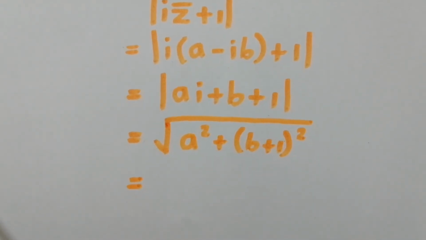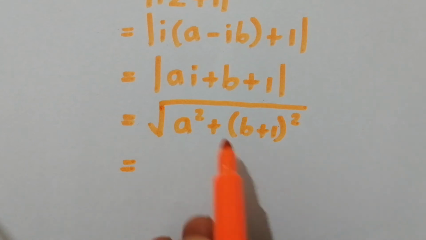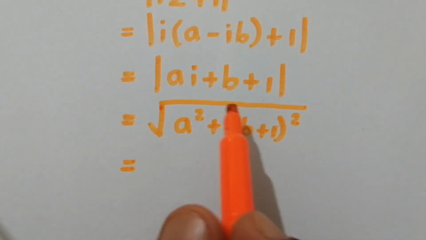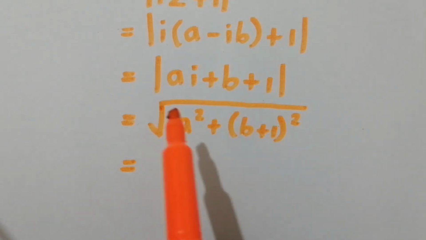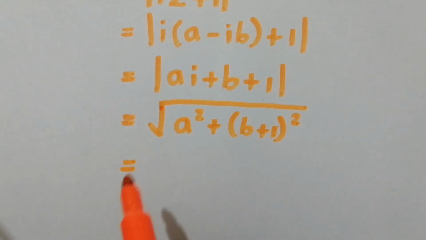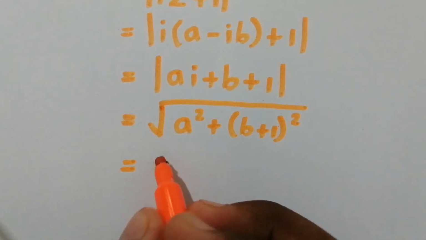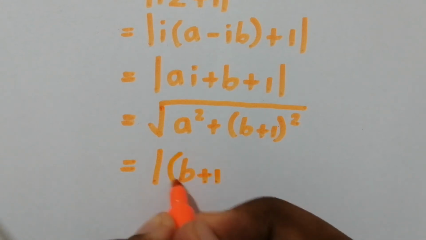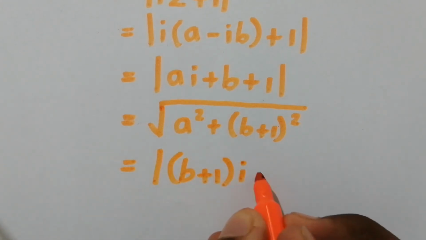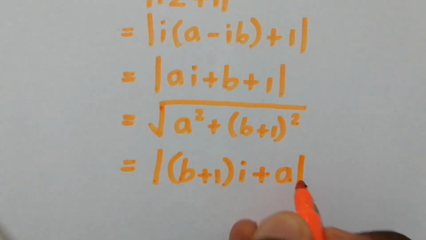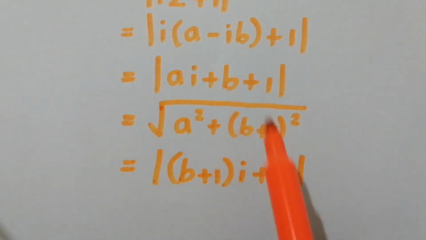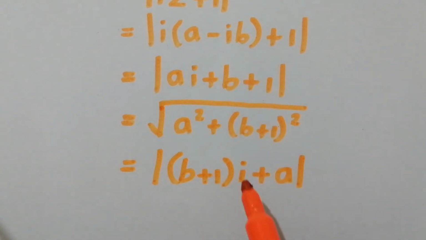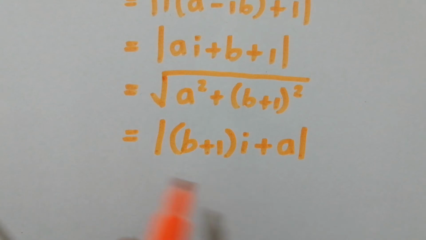Now I am changing the real part as imaginary and the imaginary as real and rewriting the modulus as this. For both these complex numbers, the modulus value is the same. Therefore, we can change and write it.